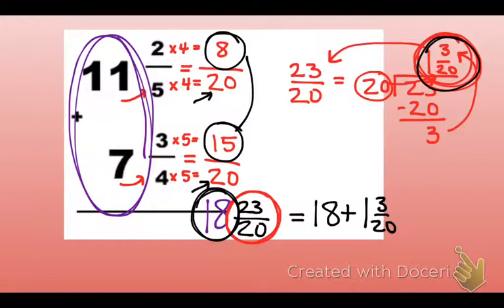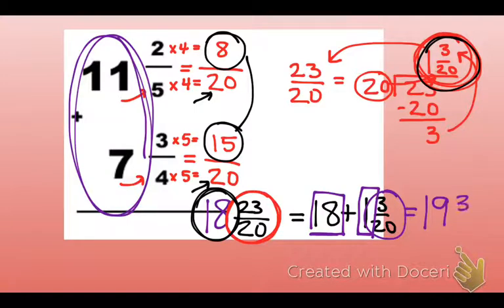So all I'm going to simply do is I'm going to go ahead and add these whole numbers. What's 18 plus 1? 18 plus 1 is equal to 19. That's my whole number. My fraction, it's just whatever I have left over here, which is 3/20. So my answer is 19 and 3/20.